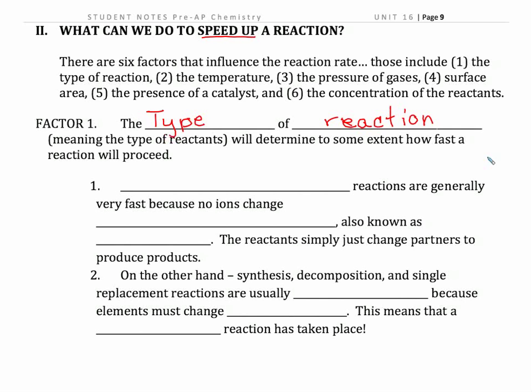Remember, we've seen some of those precipitation reactions. A double replacement often involves precipitation or the release of a gas, and those happen, certainly with our ability to observe them, instantaneously. There's no change in oxidation numbers.